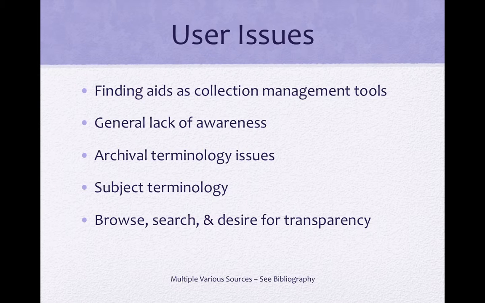They just didn't call it that. So they want to have this sort of transparency of this subject terminology and be able to browse it and search it. They want a list of names or titles or places, something that is a little more simple.